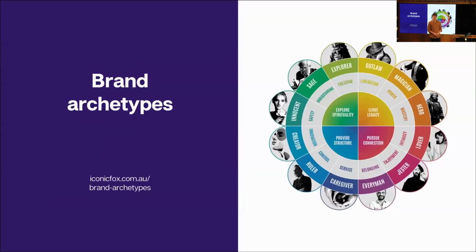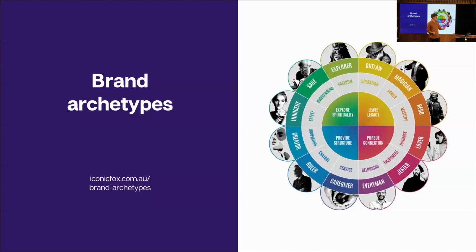There's another useful tool here, which is called the brand archetypes. These were invented by a famous philosopher, Carl Jung, over decades of research. They were adopted by the marketing and advertising industry to help brands express themselves.